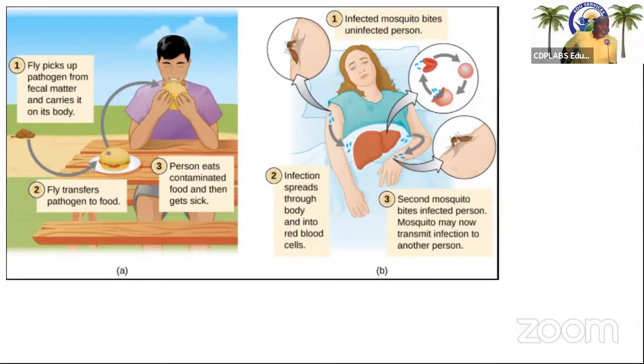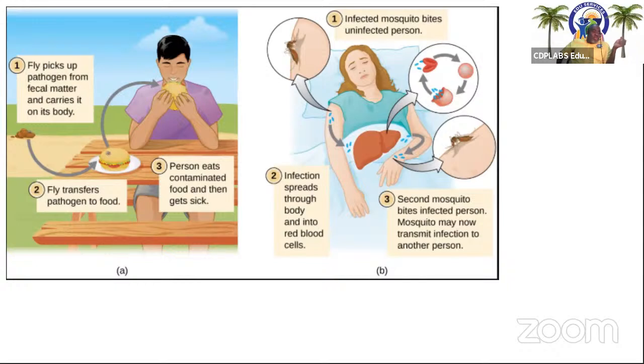So the fly lands on the fecal matter, and then the fly transfers the pathogen to the food. The food can also be a vector, that food can carry it as well.